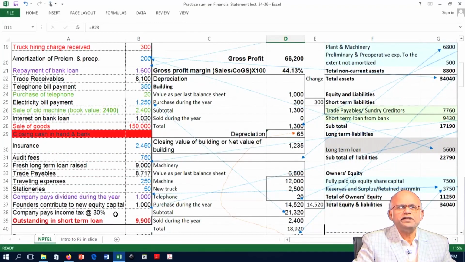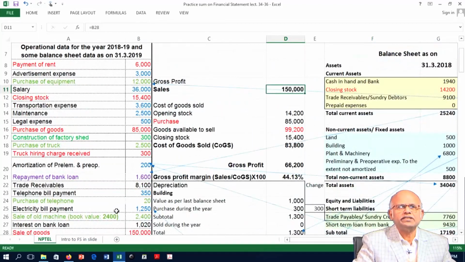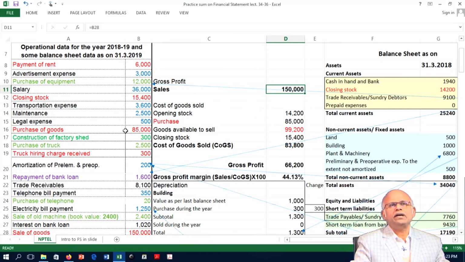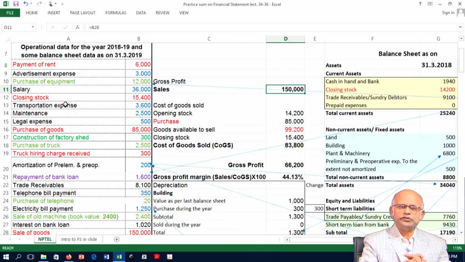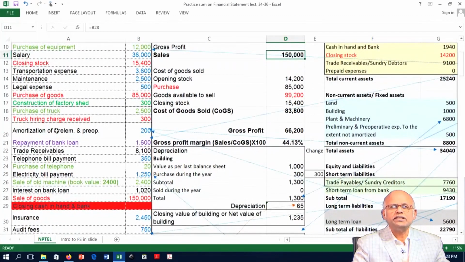So, the purchase made during the year is the purchase of goods that are being sold. You bought 85,000 rupees worth of goods, but at the end of the year, this entire stock was not sold. Whatever you could not sell, you could not consume.